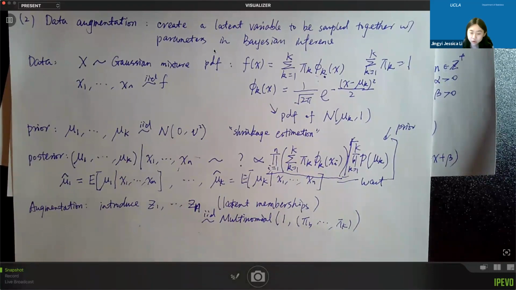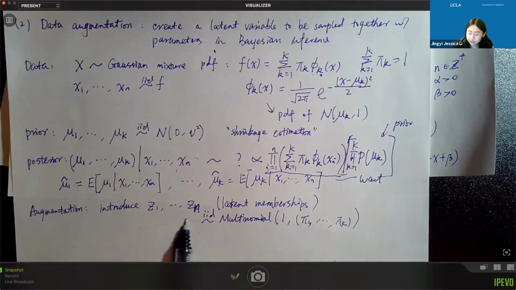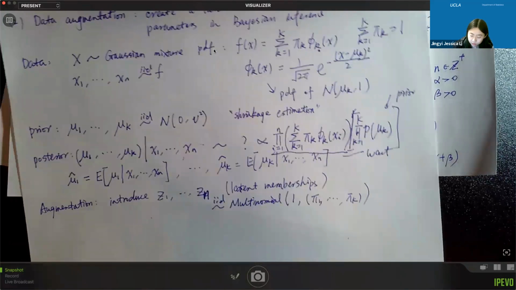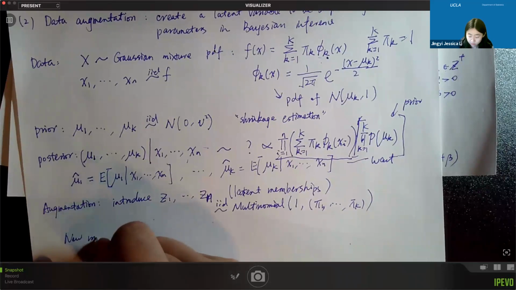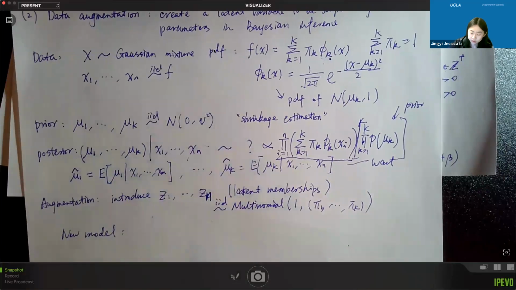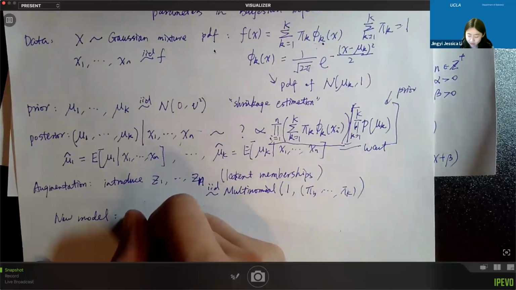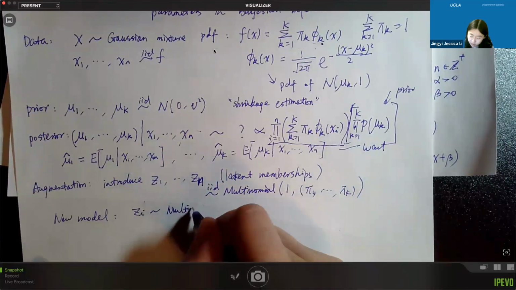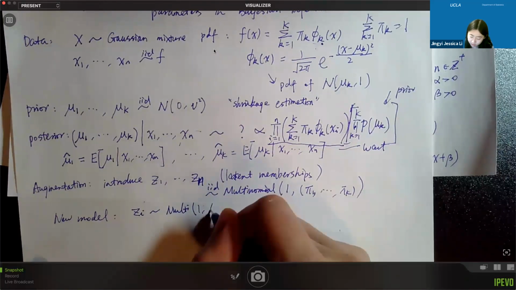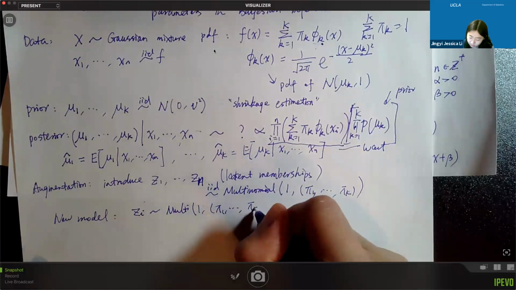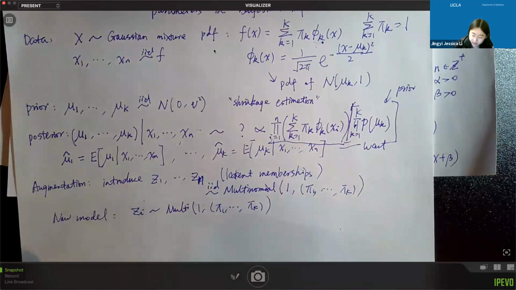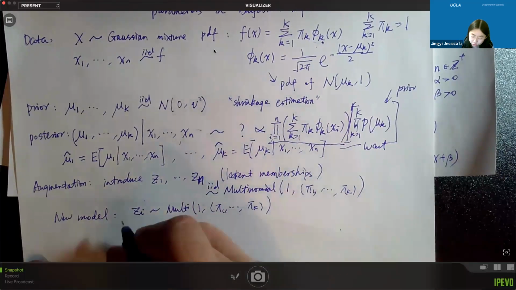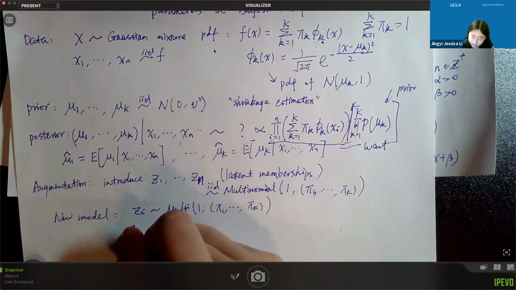With this, your model becomes hierarchical. The new model, which is equivalent to the mixture model, is that I first draw Zi from this multinomial with these probabilities. And then given Zi, I draw Xi.